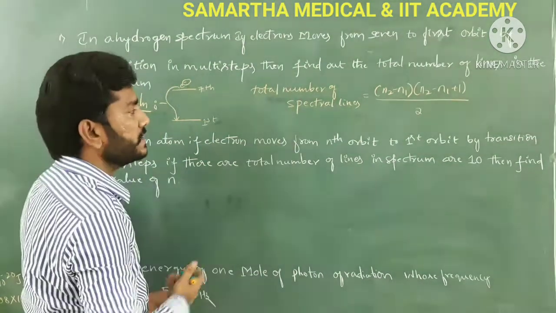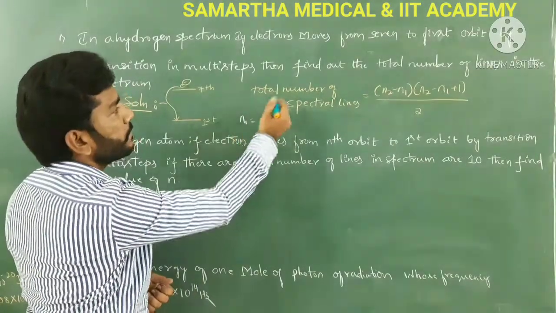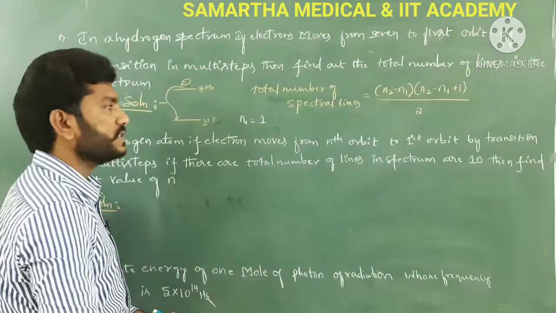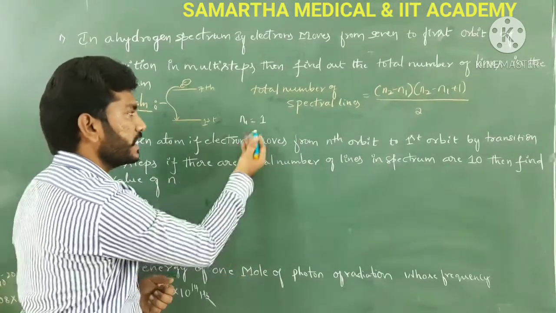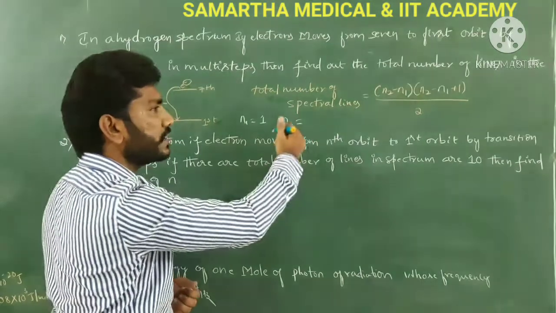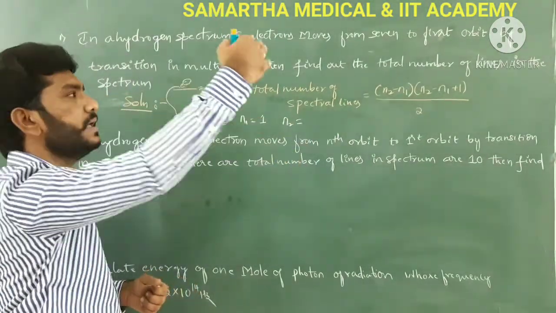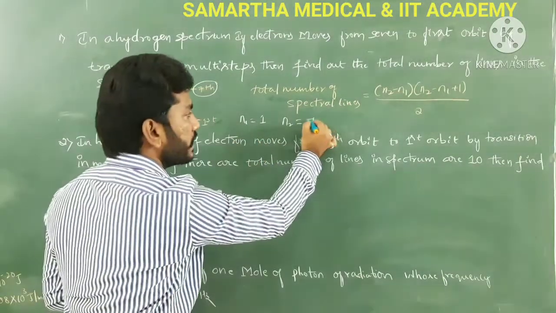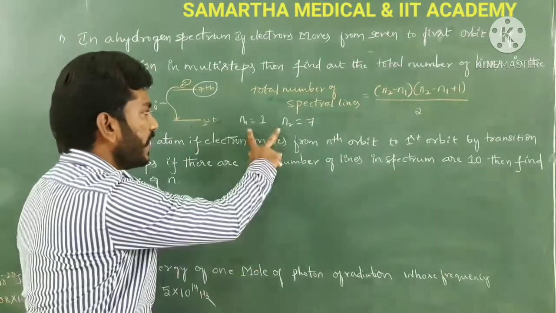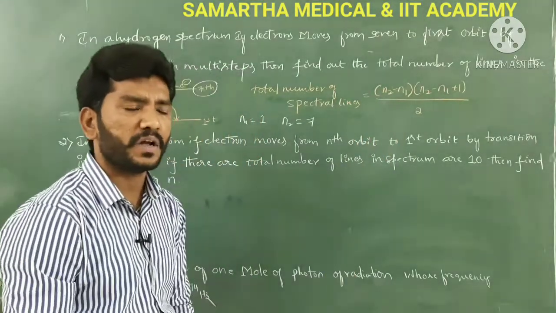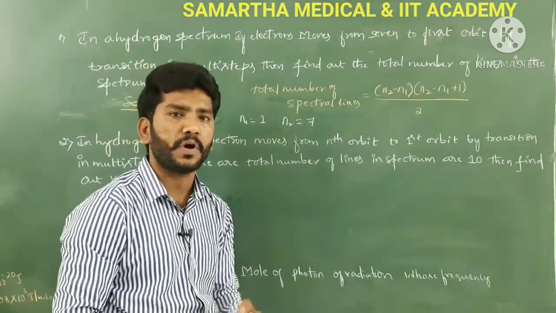In this case, the N1 value would be 1, because it is the lowest energy level. The N2 value is the level from which the electron jumps, the higher energy level, that is the 7th orbit, so the N2 value is 7. Let's substitute these two values in the formula, simplify, and ultimately get a proper answer.